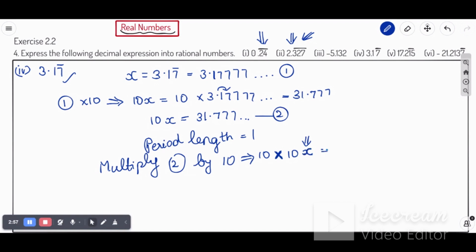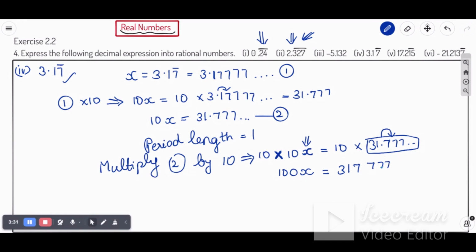Okay. Then if you see that, the right side will become 10 into 31.77, etc. So now 10 into 10 will be your 100. So 100x will be equal to, what is this? What happens here? Multiply this number by 10. So obviously your point will jump to the next place. So that will be 317.77.